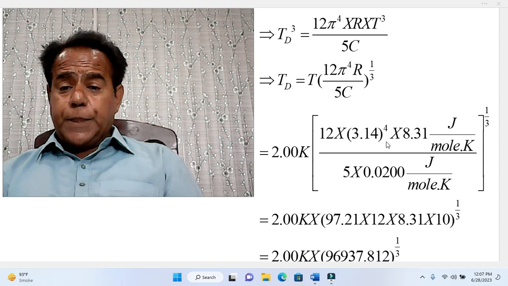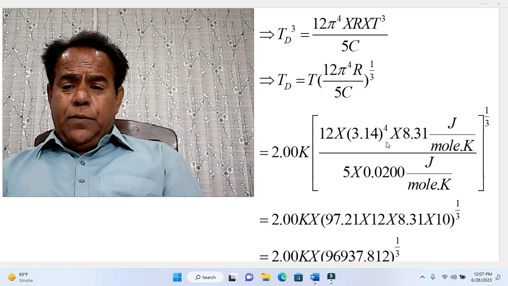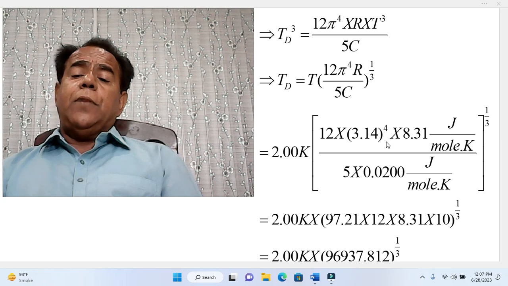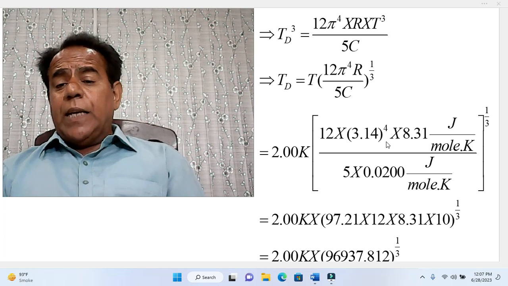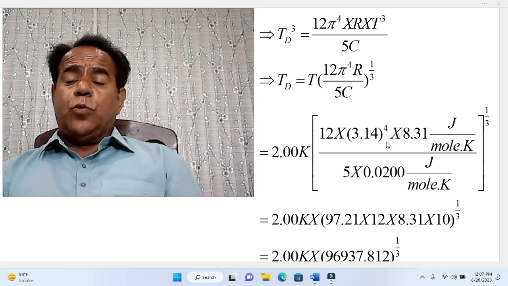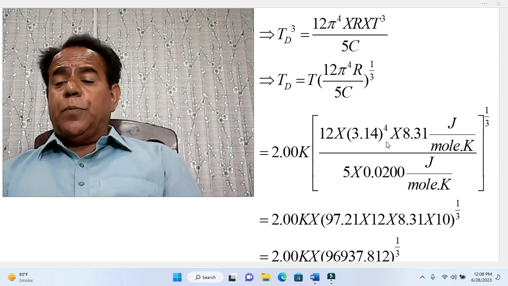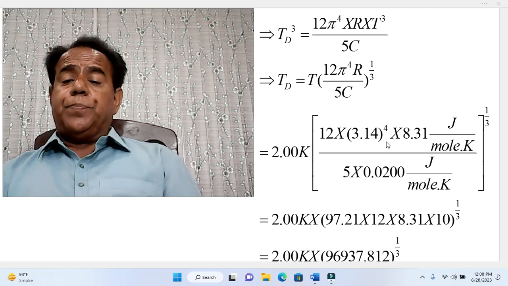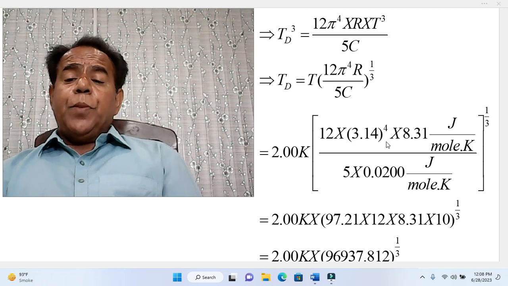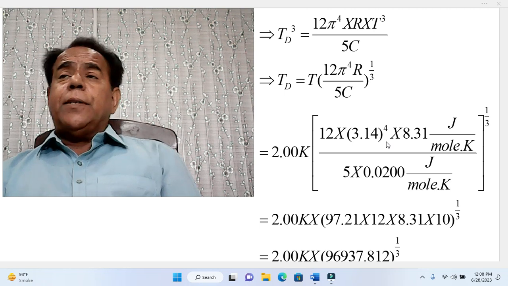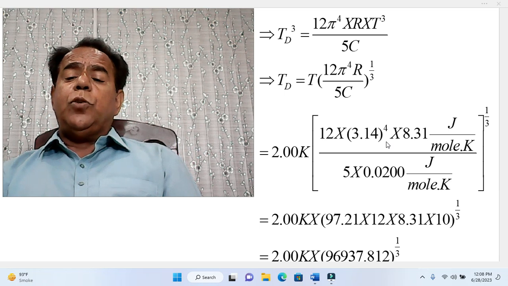Now dear students, in place of T, 2.0 Kelvin, 12 into 3.14 raised to the power 4 into the value of the gas constant, which has been used as 8.31 joule per mole Kelvin, over 5 into, because the value of C is given in the statement, 2 into 10 raised to the power minus 2, it will be converted into 0.0200 joule per mole Kelvin.